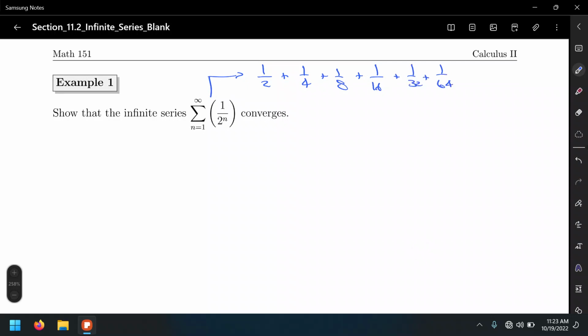Well, we don't need that many terms. So just so you can see the pattern here, we might need a few more terms later.